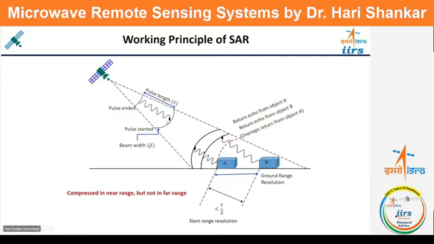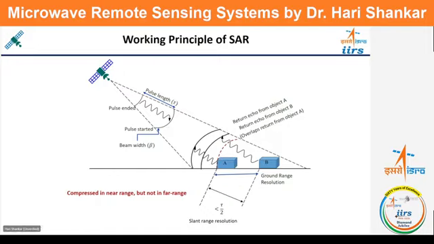It means the sensor is sending 5 cycles, then it is stopping for some time, then after that time again it is sending a bunch of 5 cycles, and the bunch of 5 cycles is called the pulse. The total length from here to here is called the pulse length, from pulse started to pulse ended.